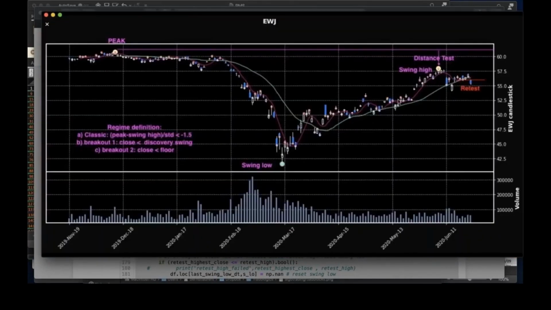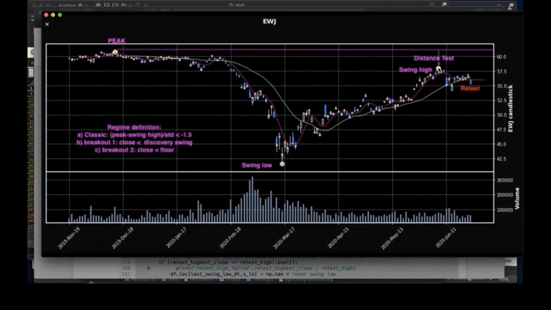This is the EWGA, as you can see, and poof, market gives signs of weakness. So the probability given the distance, it rallied from 37, I think, all the way up to close to 58. That's a big rally. So now the bulls are tired.